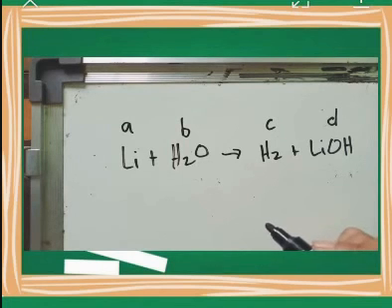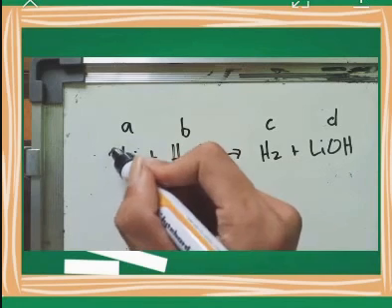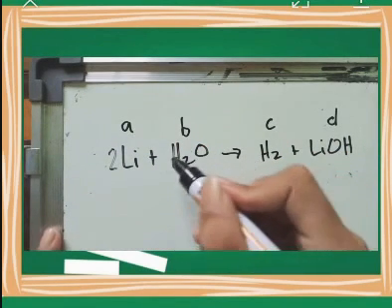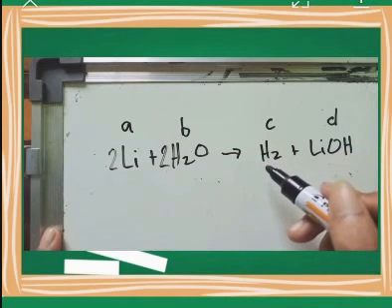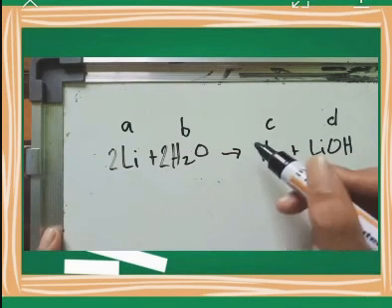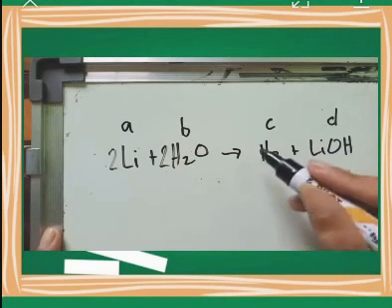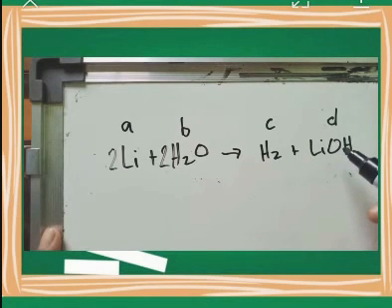Since A is known, A is 2, substitute, and B is also 2, C is 1, so consider it 1. D, the lithium hydroxide compound, is 2.